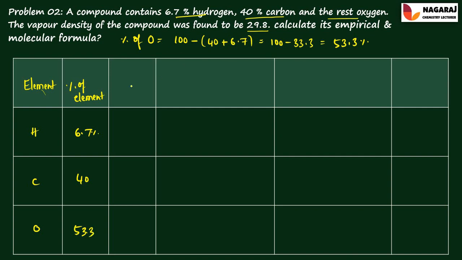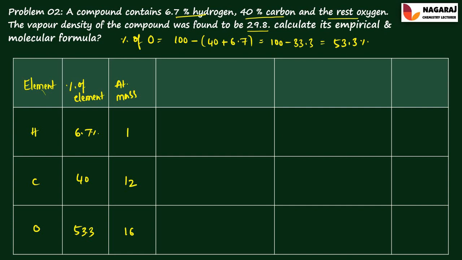And atomic mass of the elements: for hydrogen atomic mass is 1, for carbon atomic mass is 12, and for oxygen atomic mass is 16.